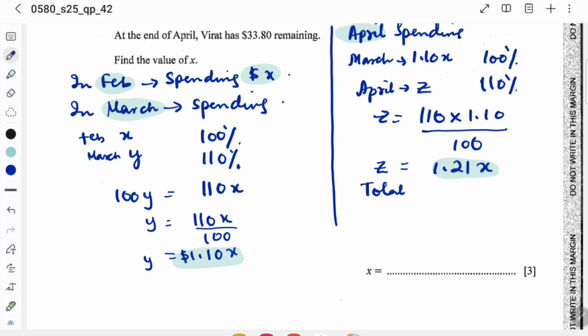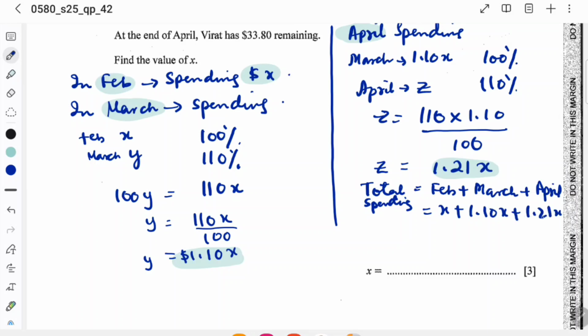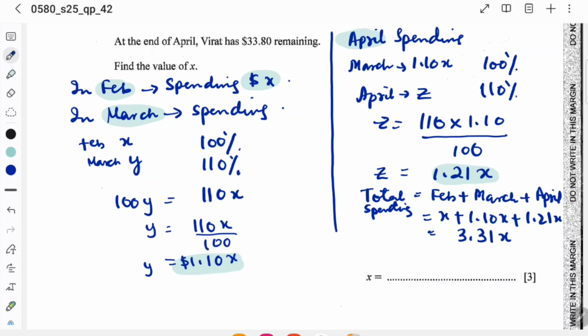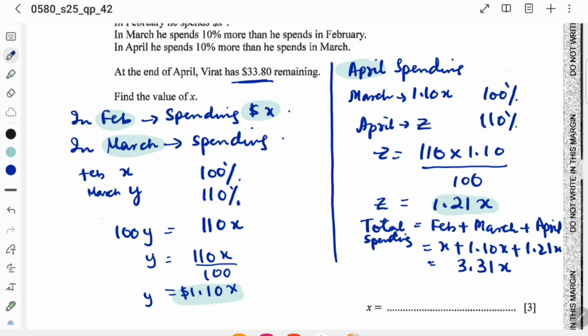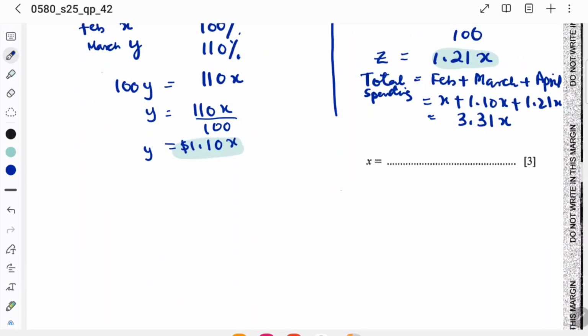So the total spending in Feb, March and April is x plus 1.10x plus 1.21x, which is 3.31x. This is the total expenditure, but they didn't give us the expense, they gave us the remaining.